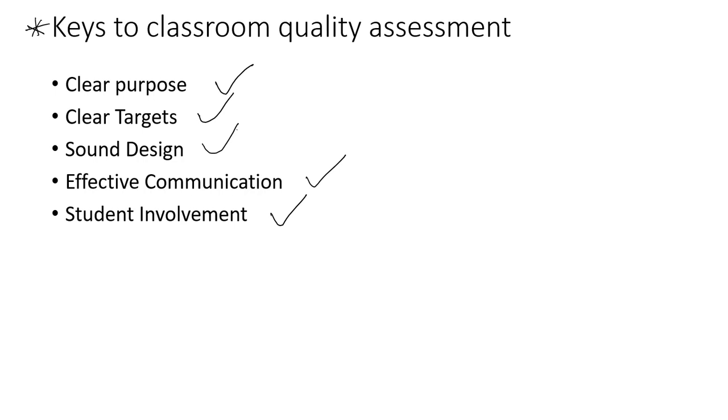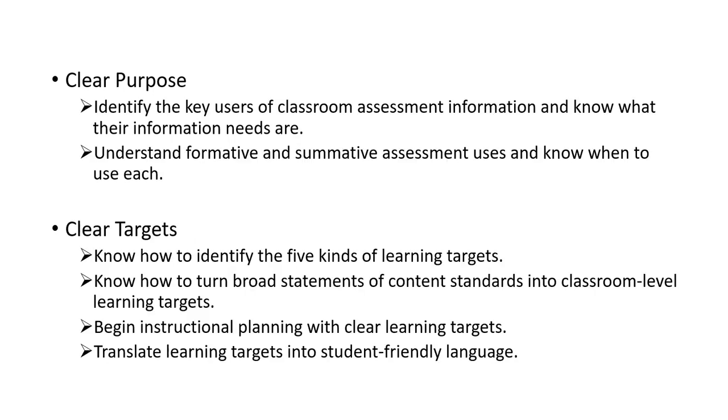So let's look at these keys. In terms of clear purpose, first you need to identify the users of your classroom assessment. You need to understand formative and summative assessment and when to use them and how to use them.